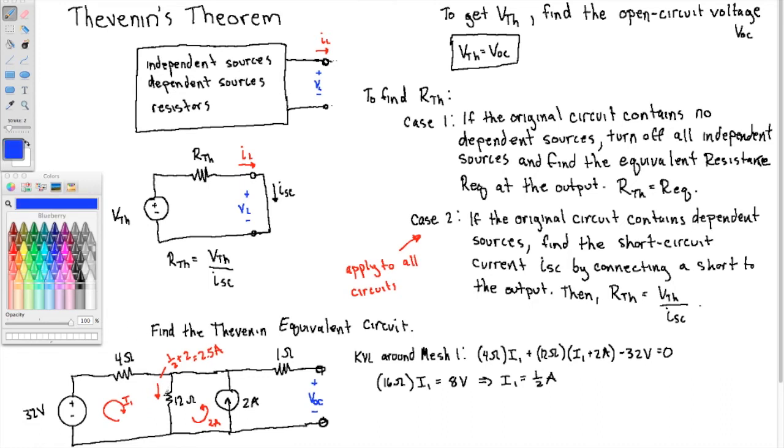So 2.5 amps, what's the voltage across that resistor then? From Ohm's law, 12 ohms times 2.5 amps gives me 30 volts there. So that's 30 volts between this node and this node, right?